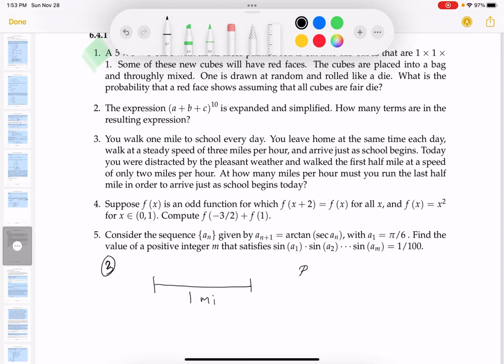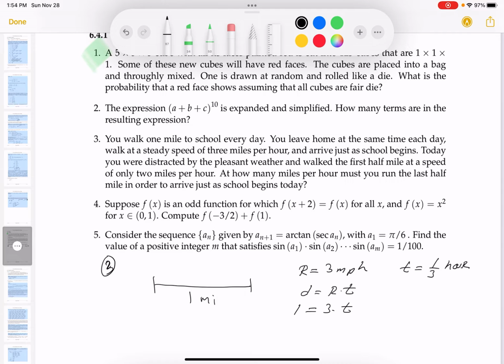So my rate is 3 miles per hour. So how much time would it take me to get to school? Distance equals rate times time. So the distance is 1, my rate is 3, and that would be t. So t is 1/3 of an hour.